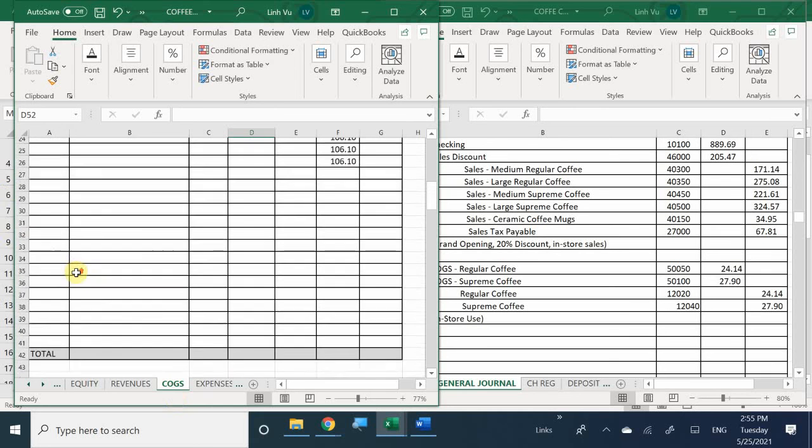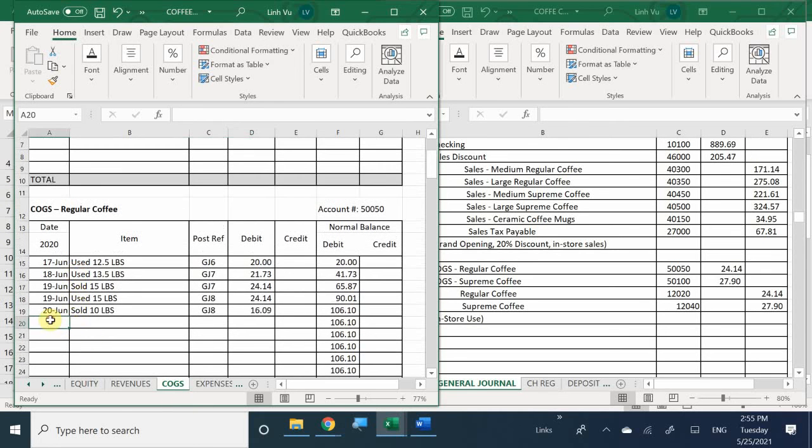General journal number 9 for 24.14. Hold on. We used 15. Oh yeah, sorry, I didn't write the notes. No worries. For 24.14. Good. So what's your running balance once again? Running balance will be $130.24. Good.